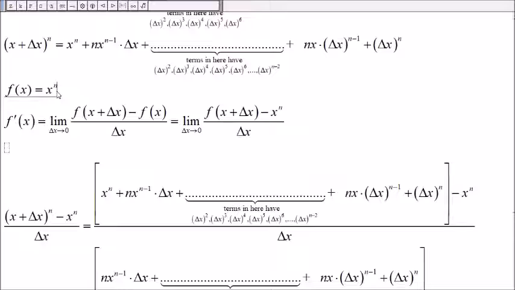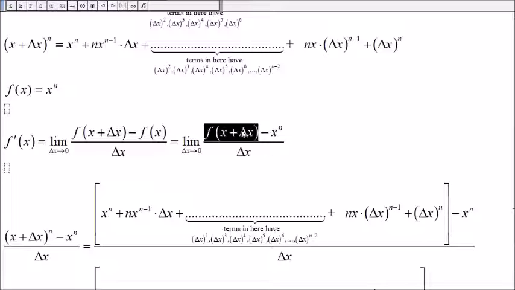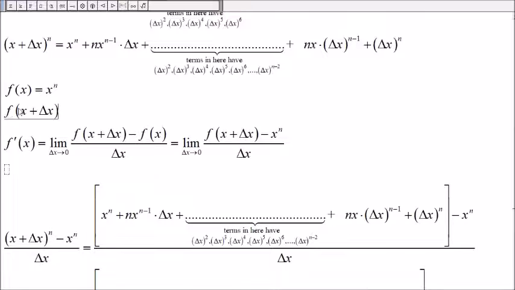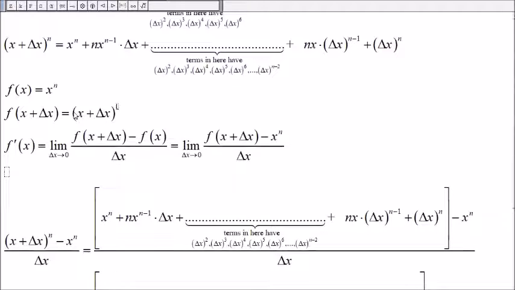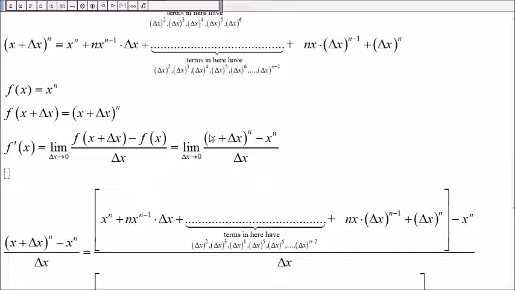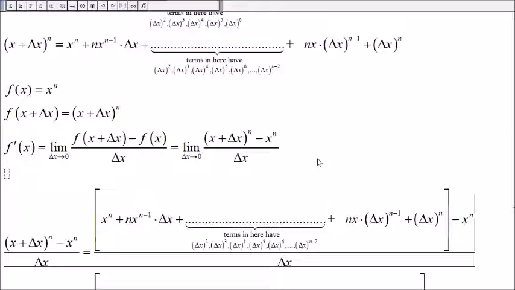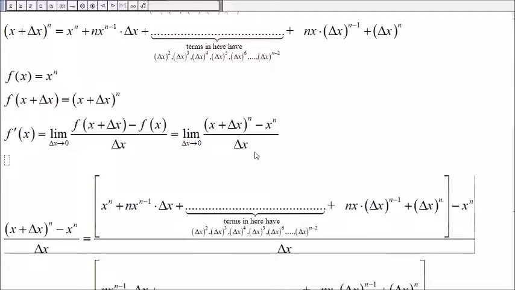And then f of x plus delta x, in the place we just replace x with x plus delta x to the n. And so right here we have this. And so our difference quotient becomes this.